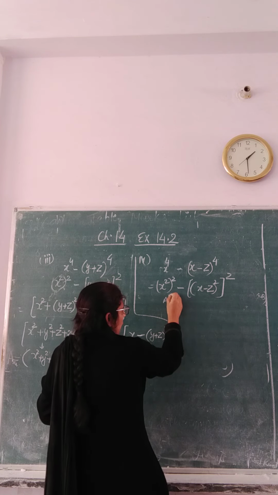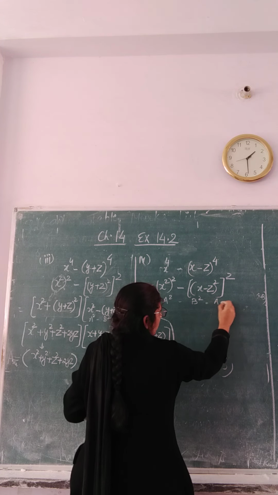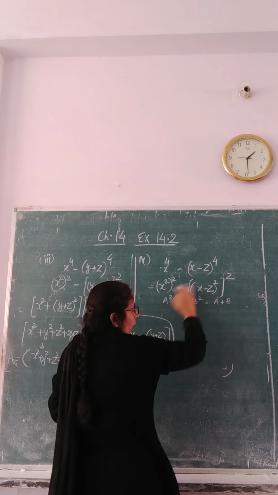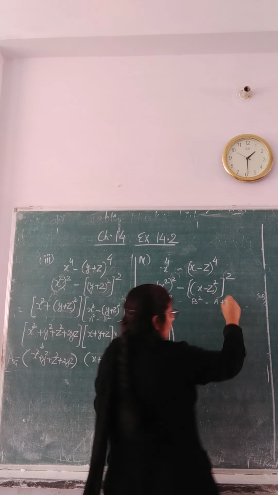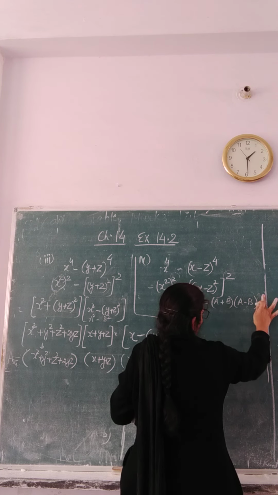So this is a square minus b square, which will be equal to a plus b, a minus b: just leaving these two squares, once we will add them and once we will subtract them.